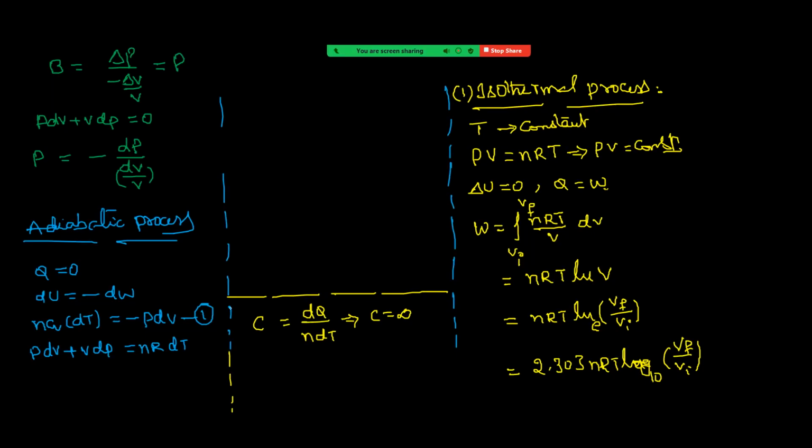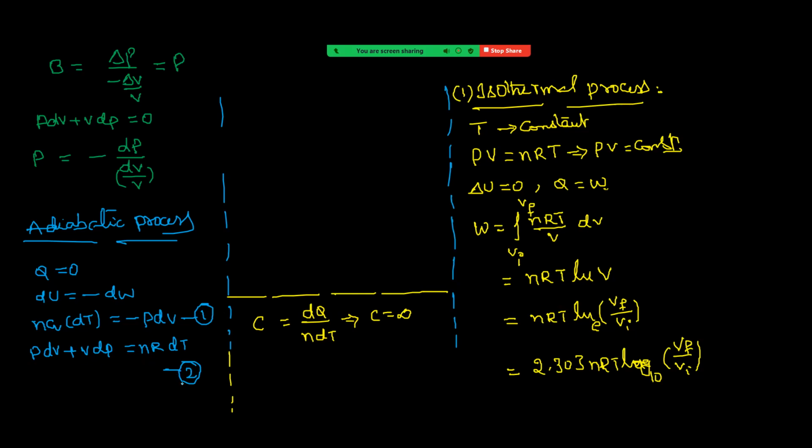Take this as equation 2. Now in the place of dT, what we can write? dT equal to (P dV plus V dP) by nR.